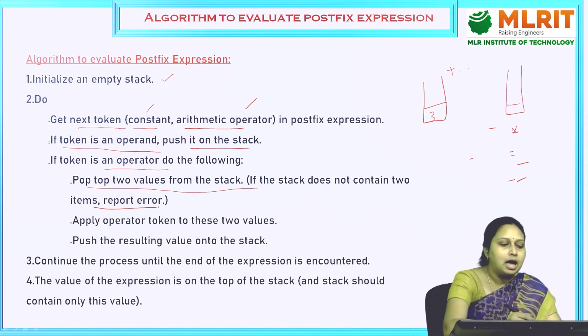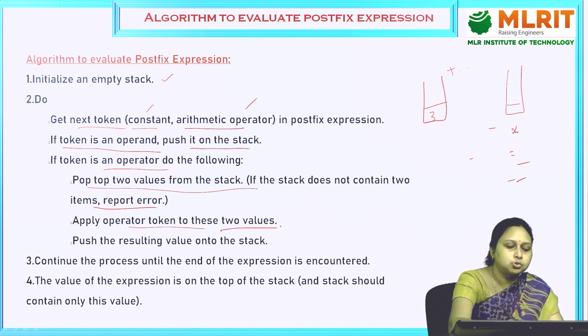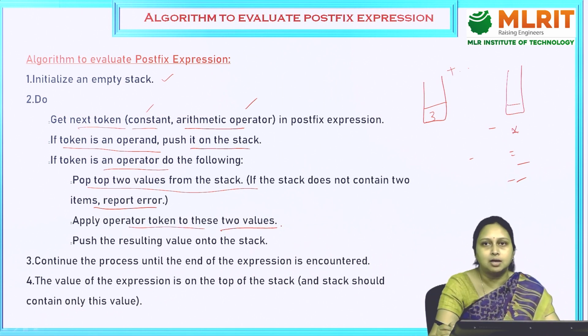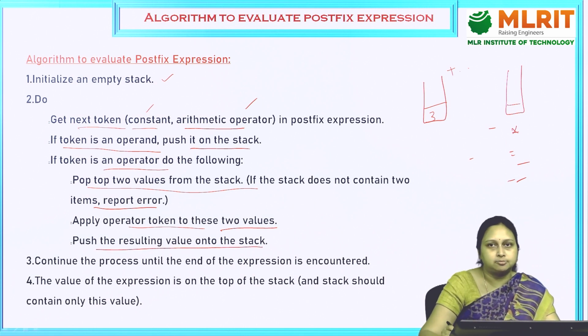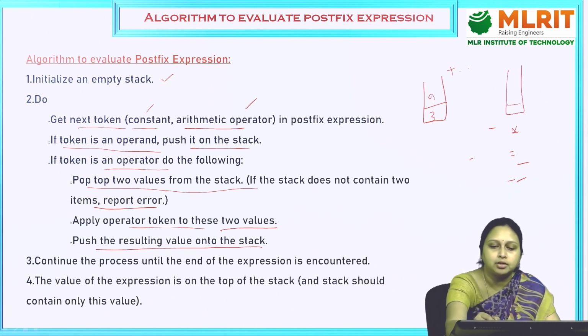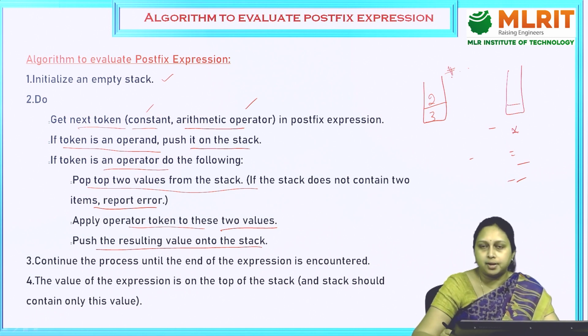Apply the operator token to these 2 values. That means, as in the example we have seen on top, if you have 2 values, perform the operation and the resultant is pushed onto the stack. When you pop the elements from the stack, you need to check for the proper evaluation. How do we do it? Suppose I have 3 and 2 and I want to perform an arithmetic operation, addition.